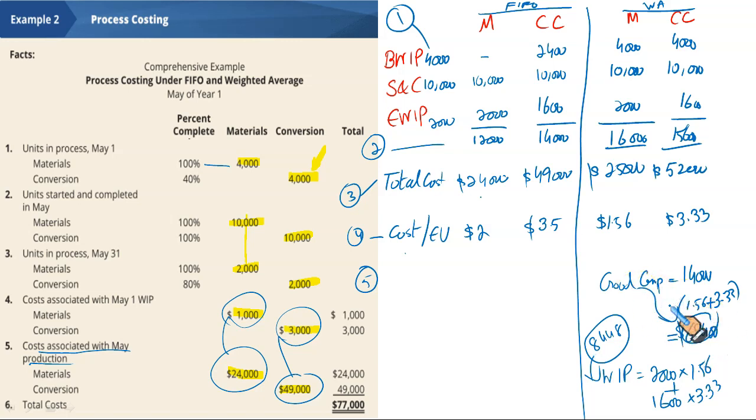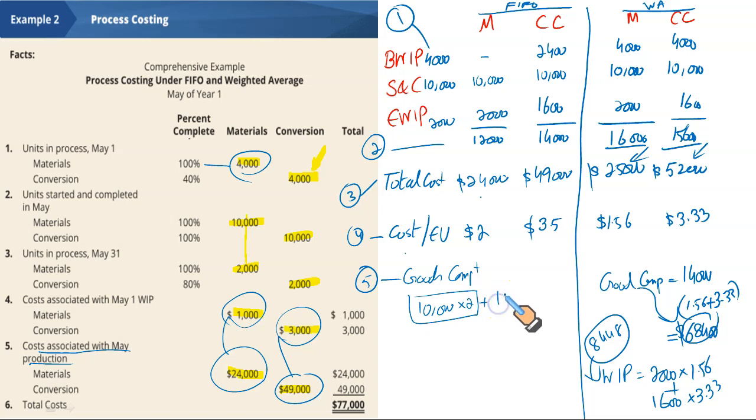Now this is a little different under the FIFO method. Since FIFO considers the current cost only for the rate purpose, what about the previous cost incurred? We can't ignore this. So in the FIFO method, let us first calculate the cost of goods completed. Remember, we completed 10,000 EUPs for material during the current period, to be valued at the rate of 2. And to this we must add the material added during the previous period, and the cost was $1,000.